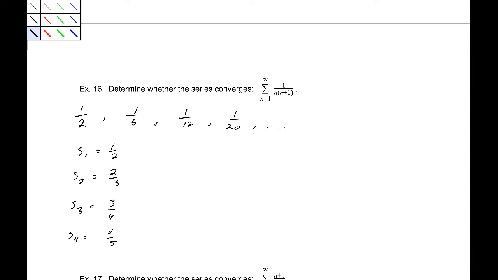So it appears Sk is going to be of the form n over n plus 1. Now this converges to 1. So since the sequence of partial sums converges to 1, we will say the sum of n from 1 to infinity of 1 over n times n plus 1 equals 1. And this series converges to 1.